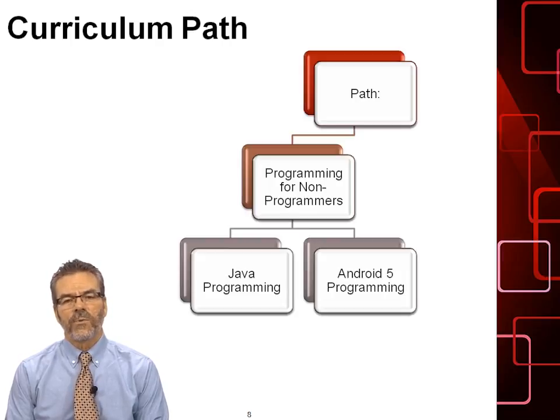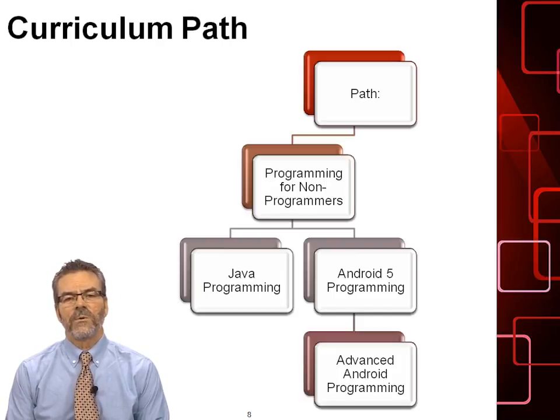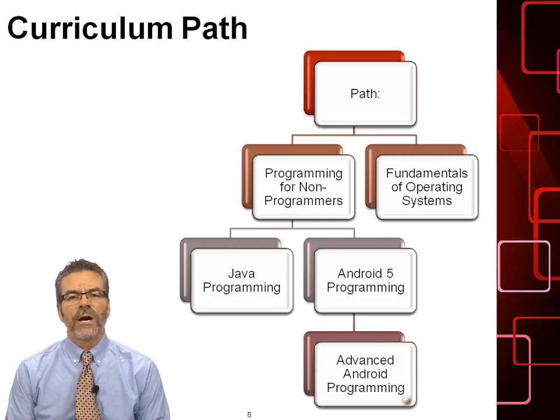So Android 5 programming, which was the previous course to this one, will show how to use Java in the world of Android. And of course, that would lead to this particular one, advanced Android programming. You could also take fundamentals of operating systems if that's important to understand how the operating system works and how Android and other platforms could take advantage of that.